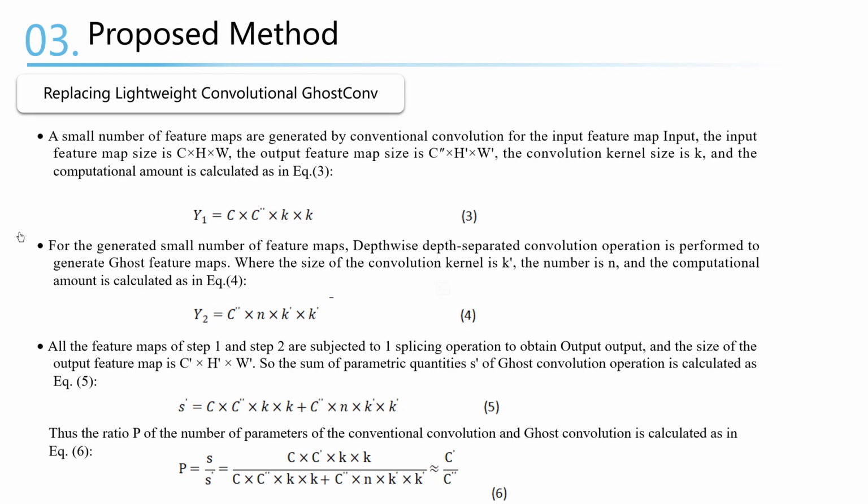All the feature maps of step 1 and step 2 are subject to one concatenation operation to obtain the output, and the size of the output feature map is C×h×w. So the sum of the parameters of the GhostConv operation is calculated as in formula 5. Thus, the ratio P of the number of parameters of the ordinary convolution and the Ghost convolution is calculated as in formula 6.